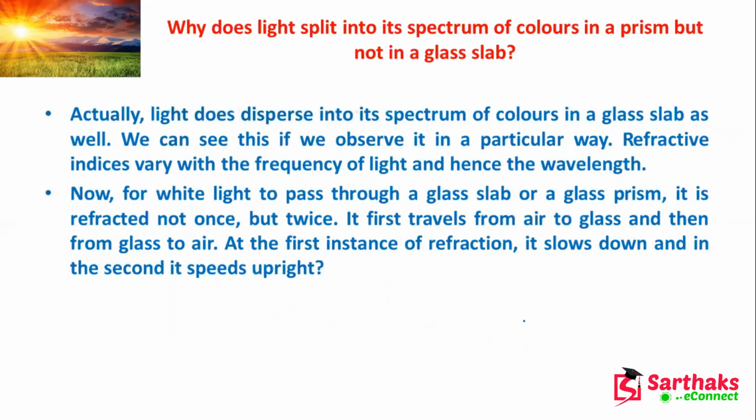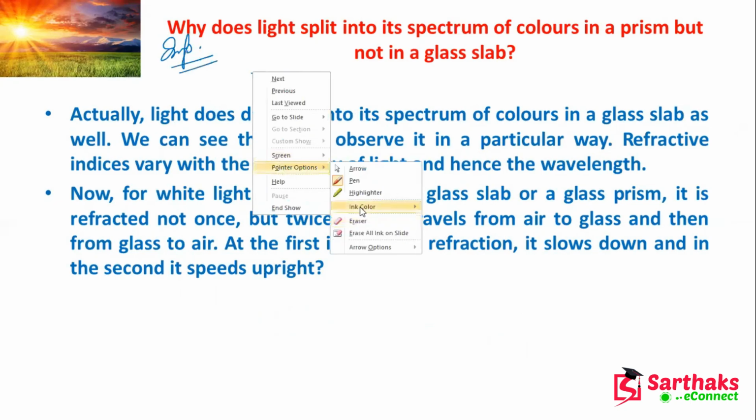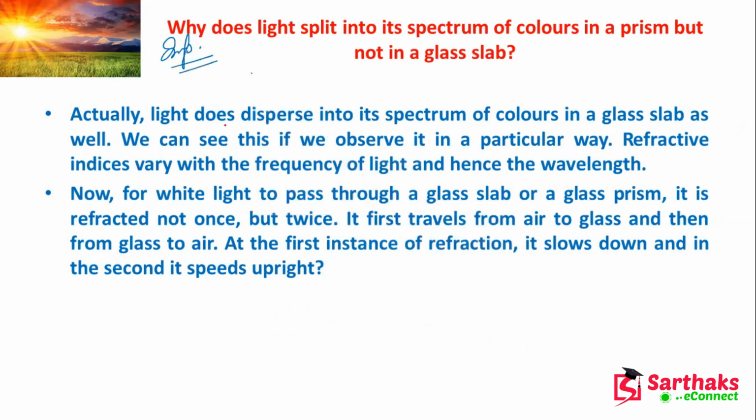So why does light split into its spectrum of the colors in a prism but not in glass slab? This is a very important question. Now you understand this question here. Light does disperse into the spectrum of colors in glass slab as well as in the prism.